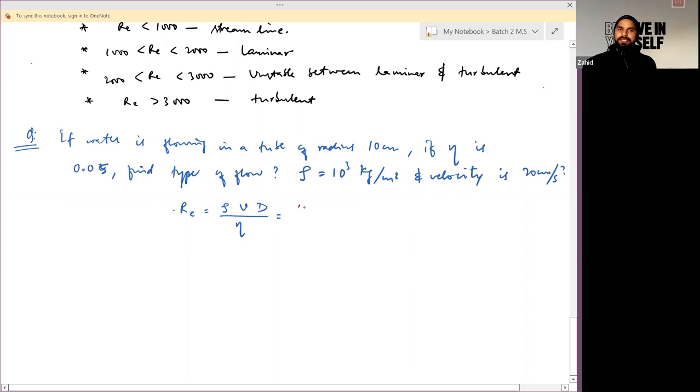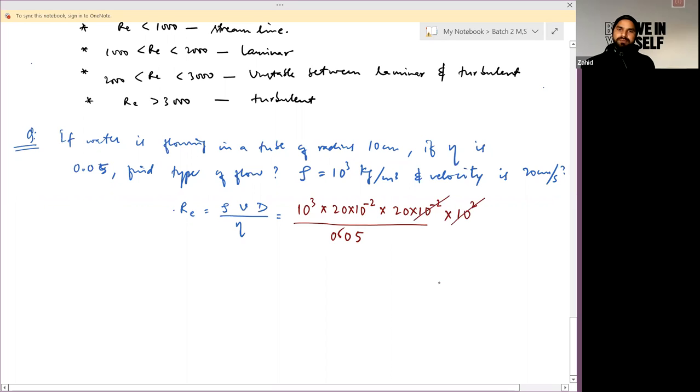Density is 10 to the power 3. Velocity is 20 centimeter per second, so just multiply it by 10 to the power minus 2. Diameter is, we have radius as 10 centimeter, so diameter will be 20 centimeter. Whole divided by eta, which is 0.05. So move this decimal, you get 10 to the power 2.